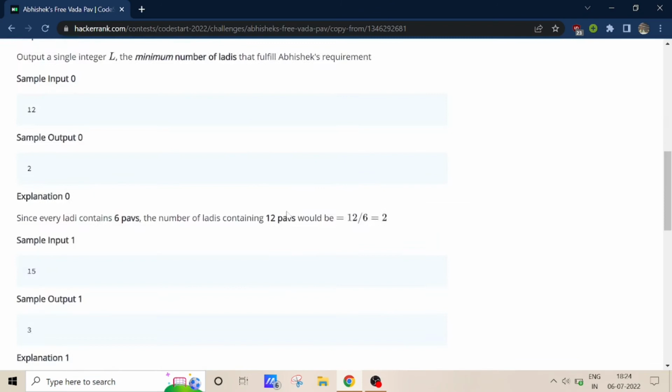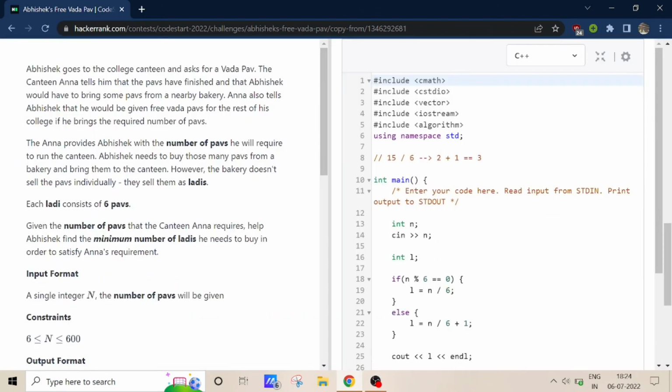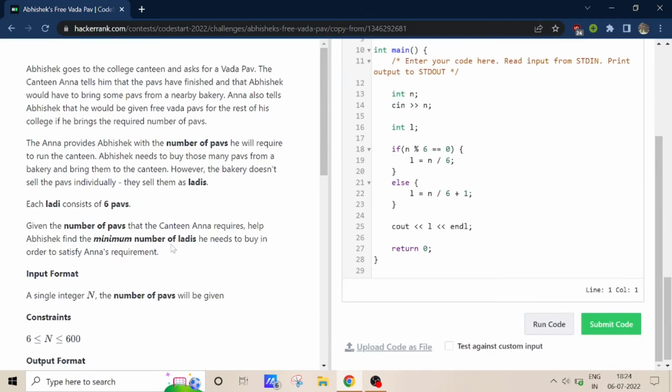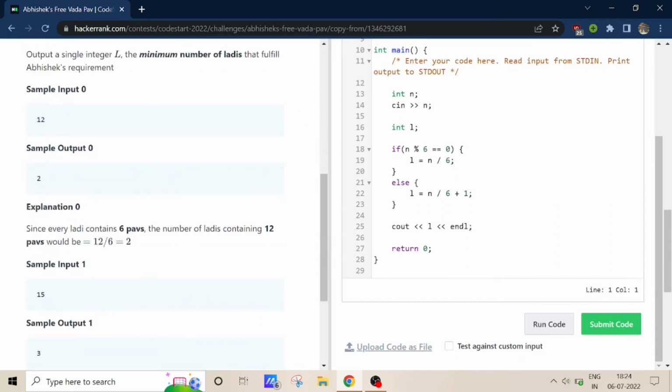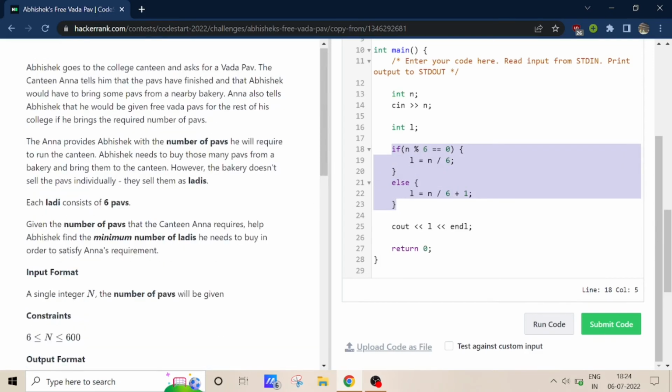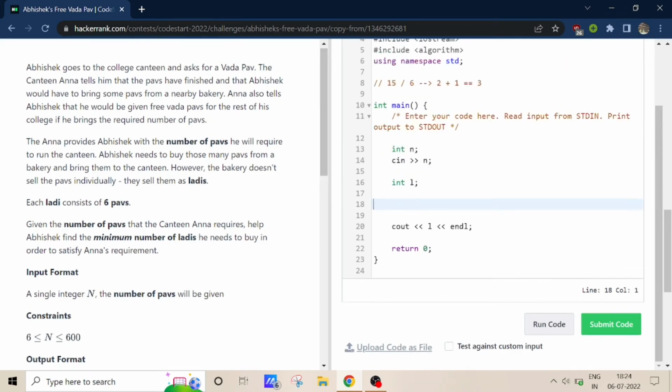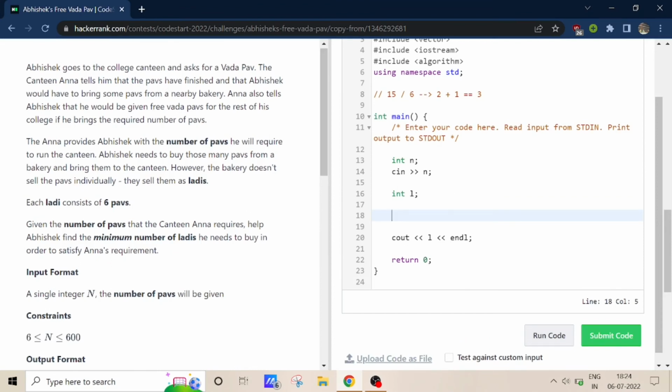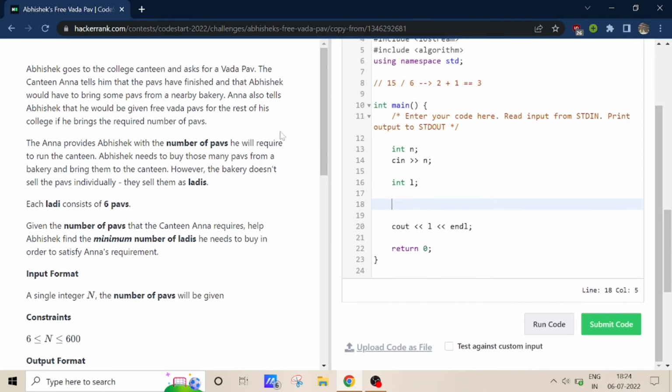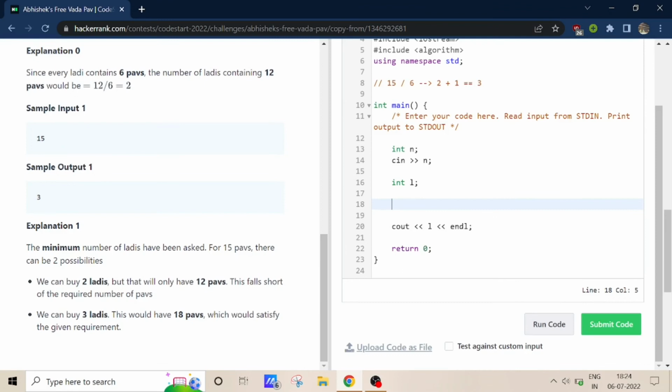One other thing you could have done here, and this can be pretty useful to you in your competitive programming journey, rather than making such conditionals, you could have made use of floating point division. What I mean by that is, the problem of adding one arose from the fact that integer division truncated my answer to 2, whereas I wanted 3.